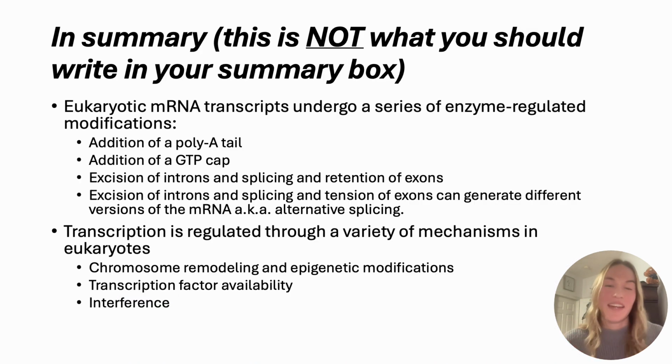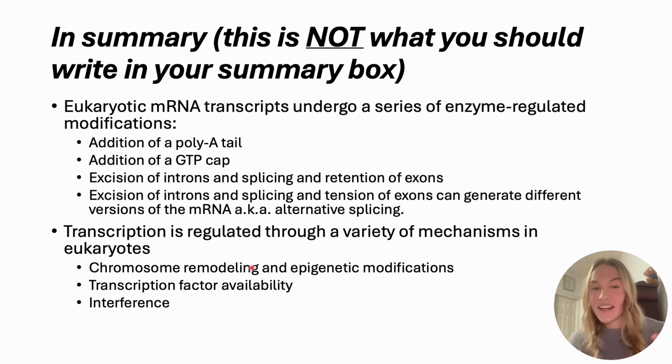So in summary, and this is not what you should necessarily put in your summary box, because your summary box should be complete sentences, you should know the modifications that mRNA transcripts go through to mature, and then you should also know how transcription and post-transcription is regulated. So you should know about the addition of a poly A tail and a GTP cap. You should know about splicing. You should know about alternative splicing.